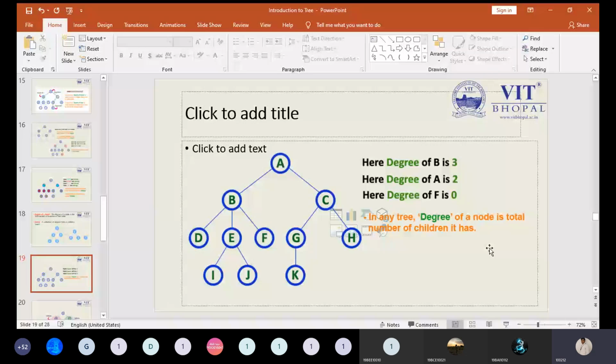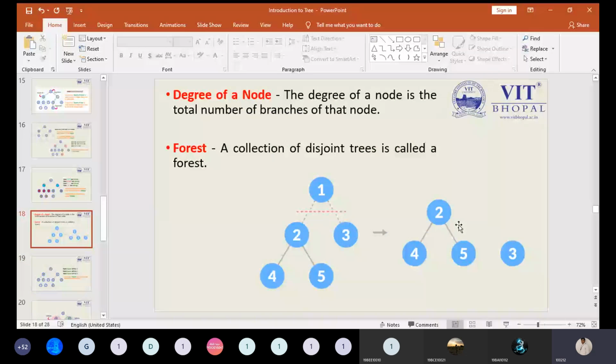Please, can anyone give me an idea what is the degree of 4, 5 and 2? I'm just putting a question. What is the degree of the 2 node? What is the degree of the 4 node? What is the degree of the 5?